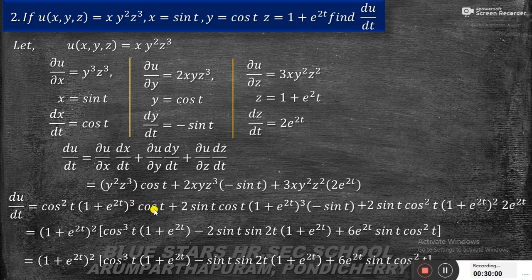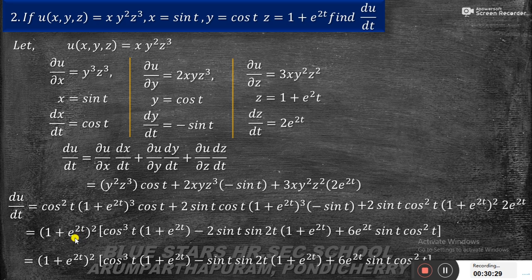So next, into cos t, plus 2 into the x value, x equation sin t, so I substitute sin t, and the y value, cos t. Next, z cube means 1 plus e power 2t whole cube into minus sin t, plus 3 into the x value sin t, the y value cos square t, next z square, 1 plus e power 2t whole square, into 2 e power 2t.